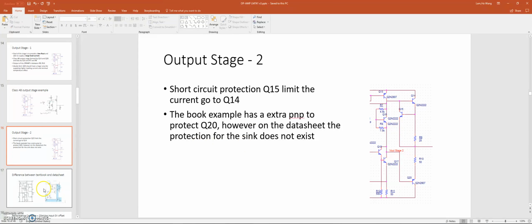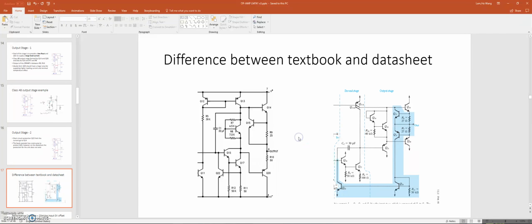However, there's a small difference between the textbook example and the datasheet. The circuit I'm building is based on the datasheet I have from the LM741. So on the left, this is a screenshot from the datasheet, and on the right, this is the schematic from the book. You can see on the book we have a Q15 protecting Q14, Q21 protecting Q20.